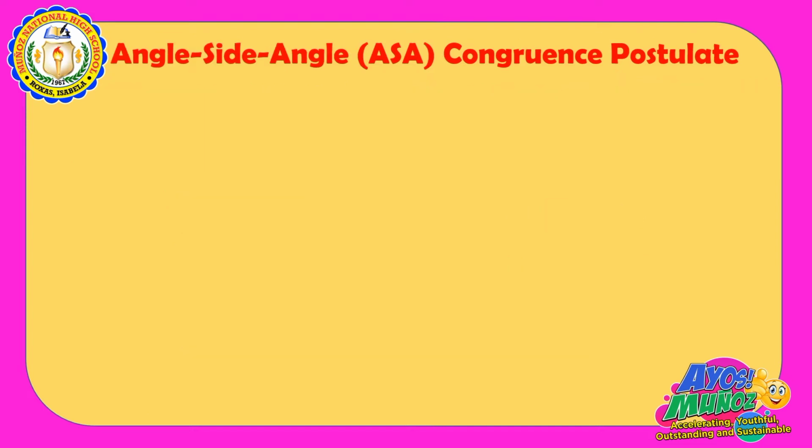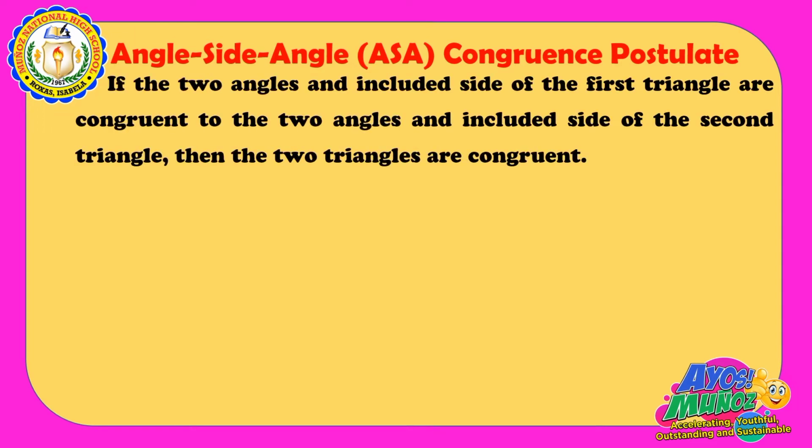Okay, and the last one, we have the angle, side, angle, or ASA congruence postulate. So what is the ASA congruence postulate? If the two angles and included side of the first triangle are congruent to the two angles and included side of the second triangle, then the two triangles are congruent.